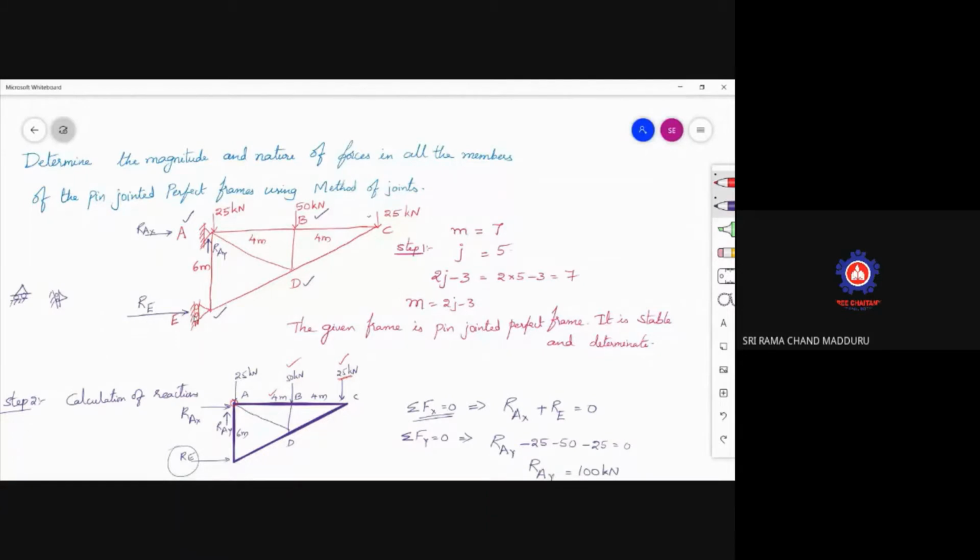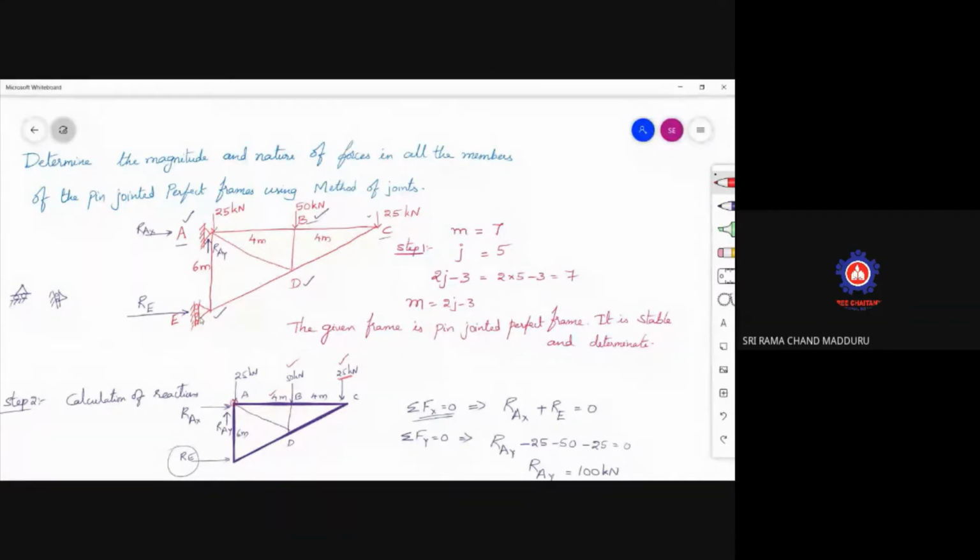Shall I consider at A? Shall I consider at B, at C, at D, or E? The guideline given as per the method of joints is that wherever you are drawing the free body diagram, there the number of unknown member forces should not be more than 2. That means if I consider the free body diagram at A, how many member forces are available at A? AE is one member force, AD is another, AB is another.